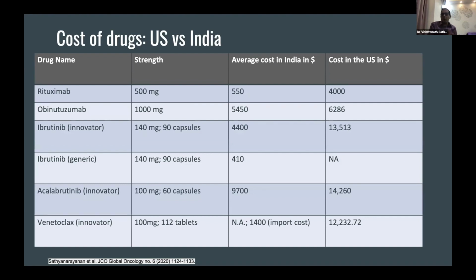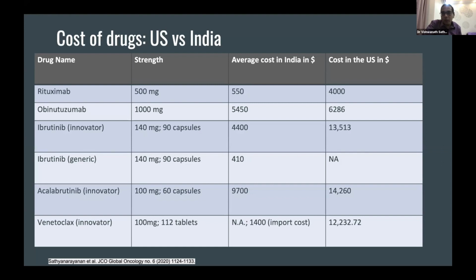Coming to the cost of drugs in the US and India, I had the pleasure of penning down an article with Dr. Christopher Flowers and Dr. Swaminathan Iyer, where we compared the cost and accessibility of drugs in lymphomas and CLL between India and the US. You could see that rituximab in India is around $550. There is also a robust patient assistance program. Mind you, whatever is mentioned here is without the patient assistance program, and the cost in the US is probably 8 times higher.